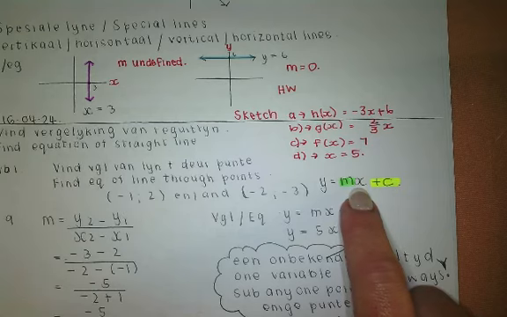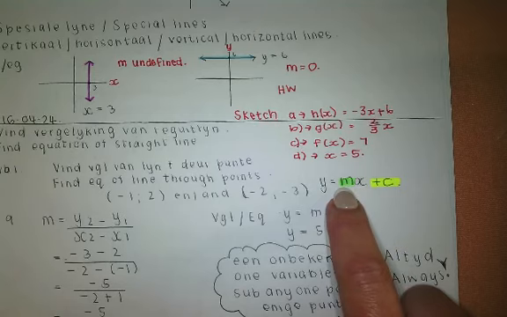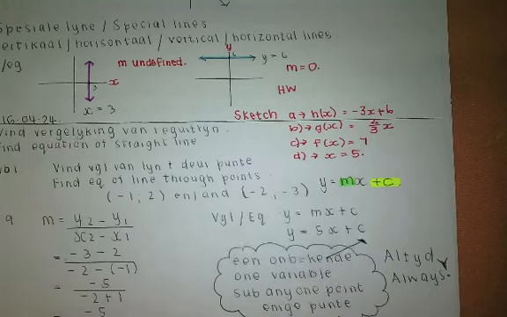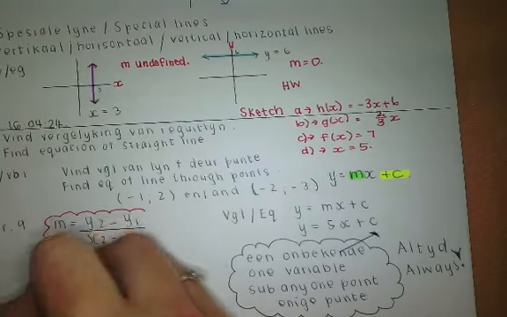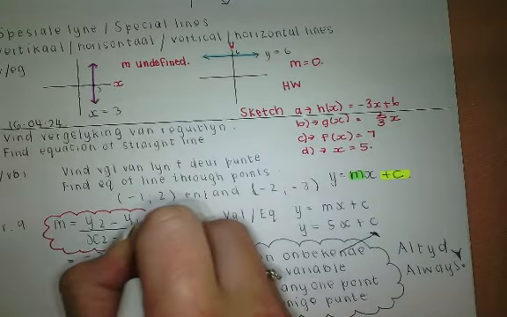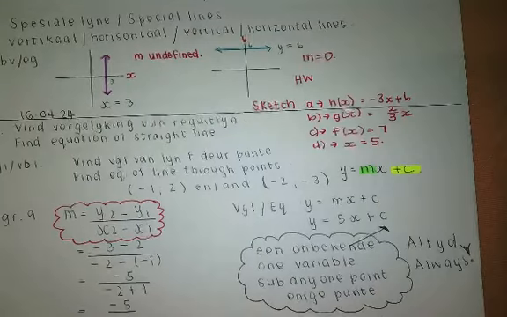So when we need to calculate the equation, let's start with finding our gradient. When we need to calculate our gradient, there's a little formula you need to study off by heart. This formula is: the gradient is (y2 minus y1) over (x2 minus x1).